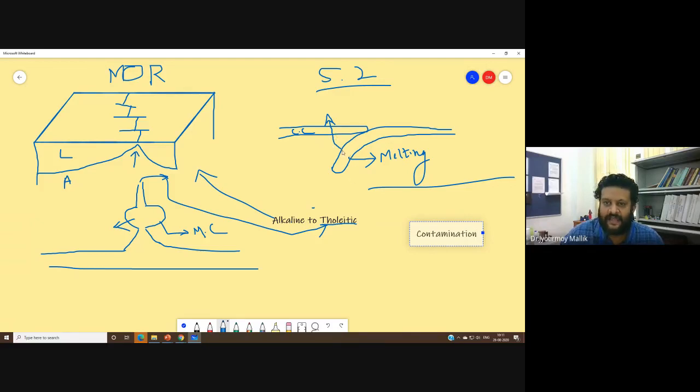Hence the composition of the magma that comes out in a subduction zone is often andesitic, acidic, I mean, or andesitic. So the amount of silica in the volcanic rocks associated with a subduction zone is more compared to the mid-oceanic ridge.